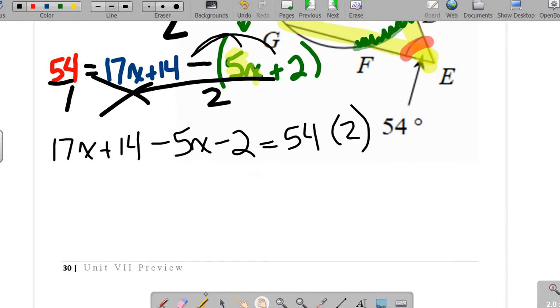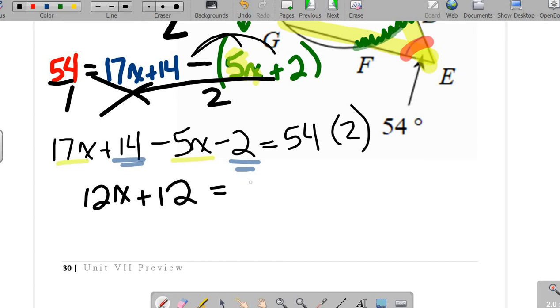So come over here. We're going to collect like terms. So 17x minus 5x, that's going to be 12x. 14 minus 2, that's positive 12 equals 108.